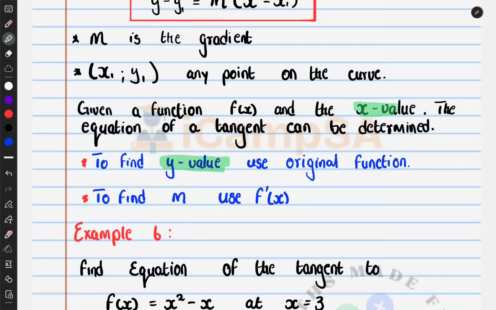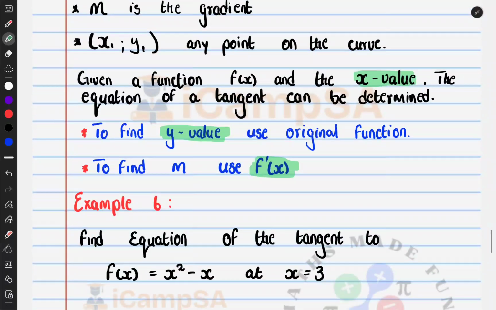We take the x value that will be given and substitute it into the original function to find the corresponding y value. And then to find m, the gradient of the tangent, we use the first derivative.